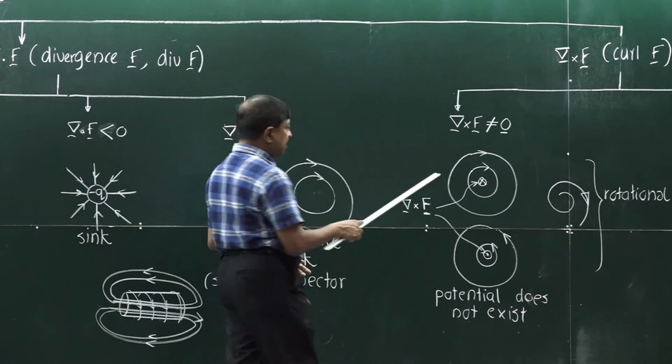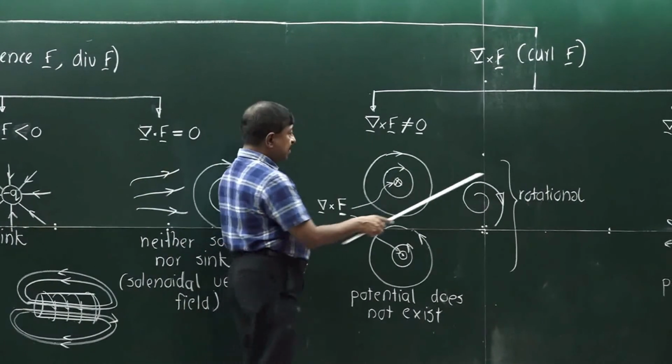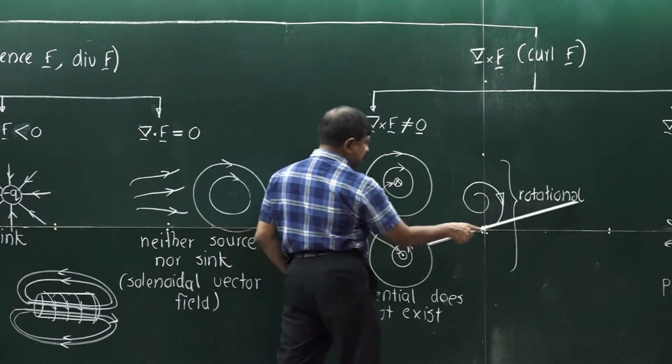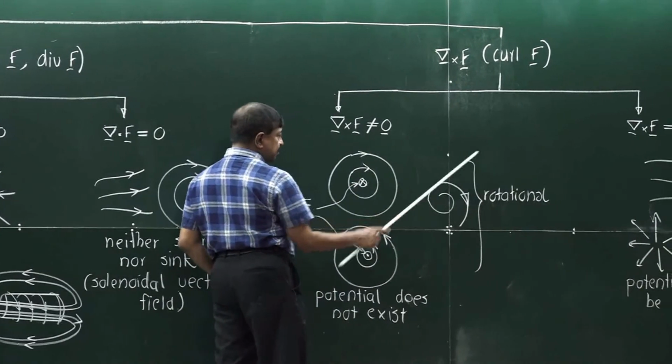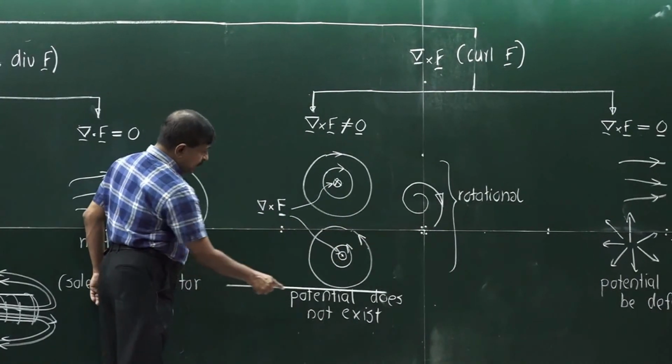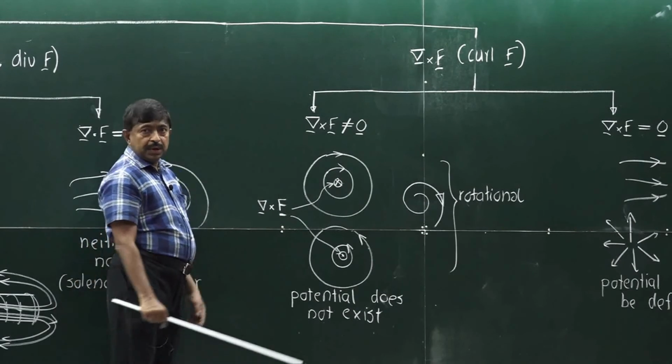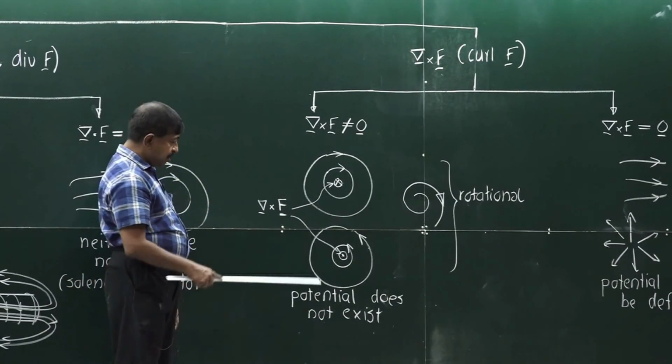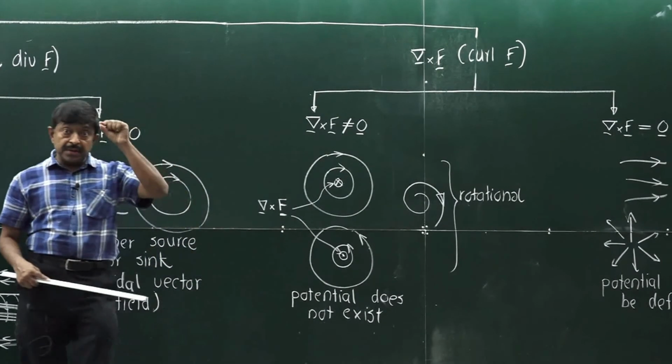Why? Because there is a rotation. Due to the same fact, if the vector field is rotational, a potential does not exist. You cannot find a potential function, or you cannot attach a potential function to a point.